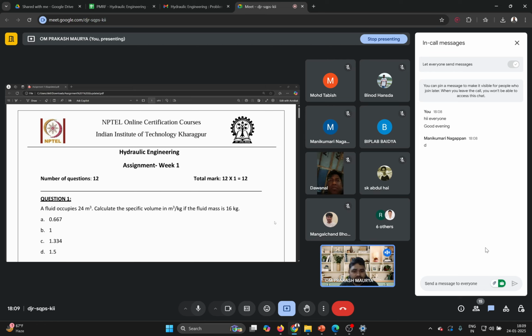Manikumar is telling option D is correct. Okay, we'll see. I'm waiting for a few more answers. Okay, now I want to solve it.